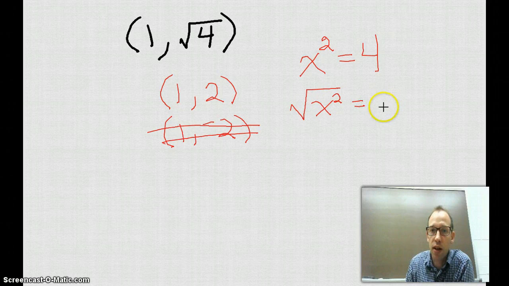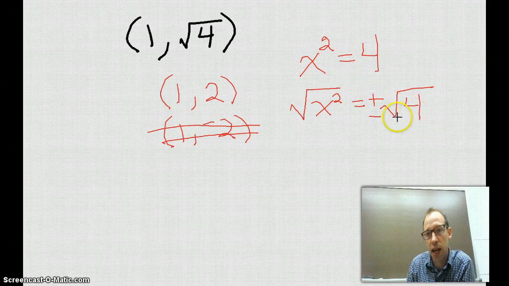When we do that, we don't just take the square root of 4, we take the positive and the negative version of that. But notice that if we don't have this little negative out here, it's only the positive version.